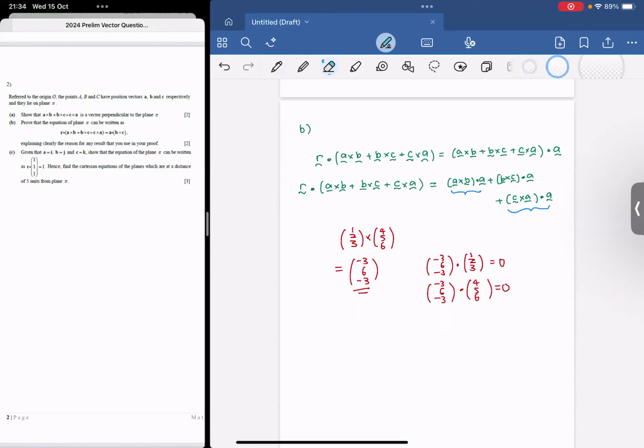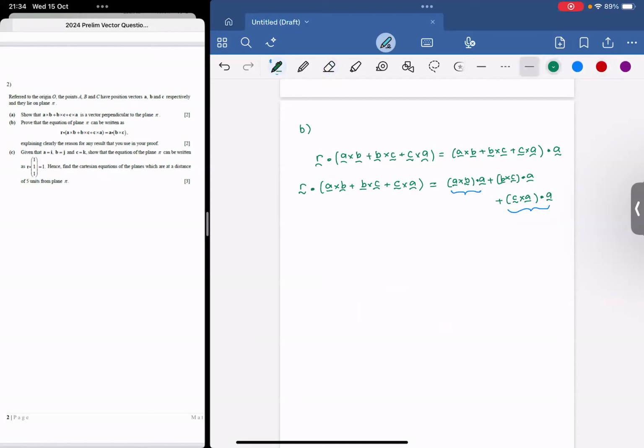Okay, so you need to explain a bit. Since A cross B is perpendicular to A, and C cross A is also perpendicular to A, A cross B dot A is equal to C cross A dot A, which is equal to 0.